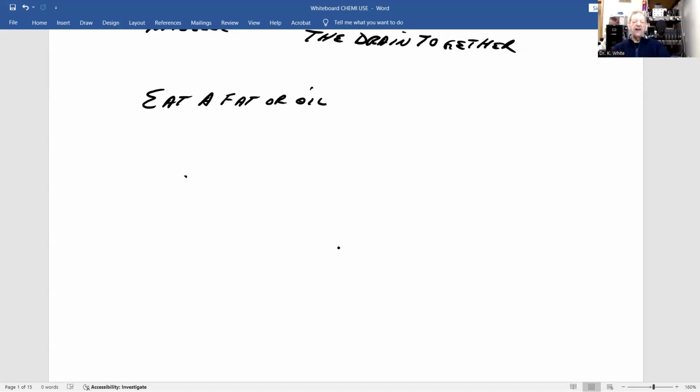And what's in your stomach? Acid and water. So this is acid hydrolysis. That means the acid and water react on a functional group. What's the key functional group in a fat and oil? And that is an ester.